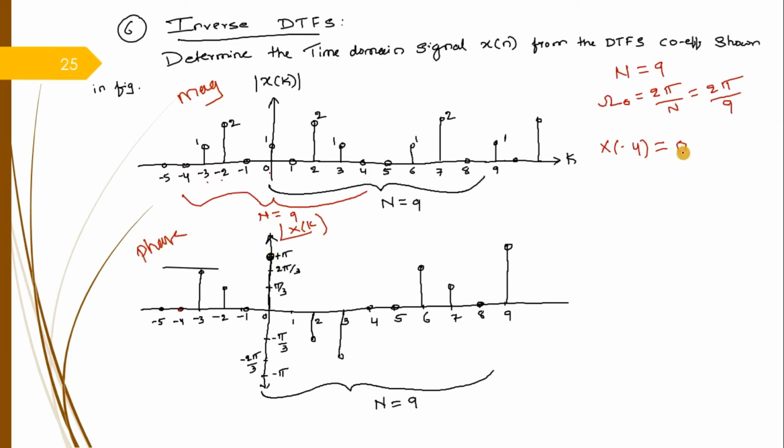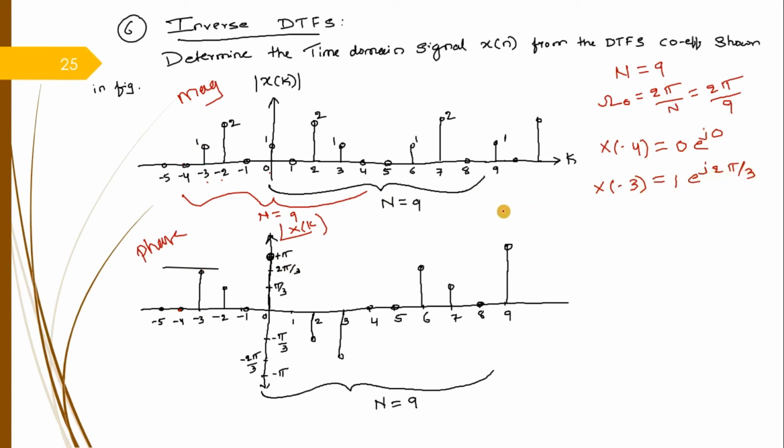According to the polar form, magnitude times e raised to j phase is what we are supposed to write. E raised to j phase is also 0, write it as 0. X of minus 3: magnitude is 1, e raised to j, what is the phase? 2 pi by 3.